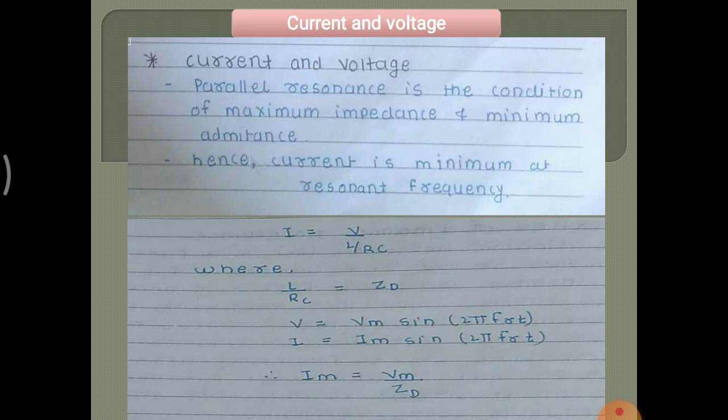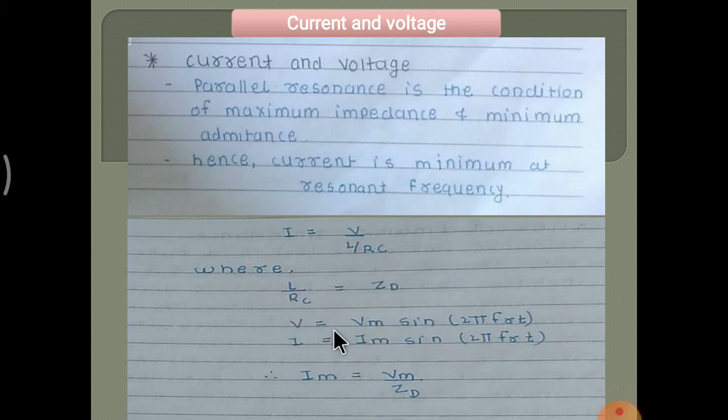So impedance is maximum and current is minimum at resonance frequency. I is equal to V upon L upon RC, where L upon RC is equal to ZD.